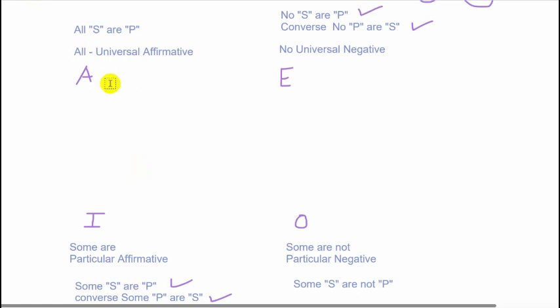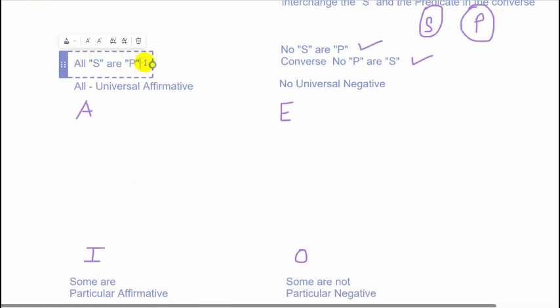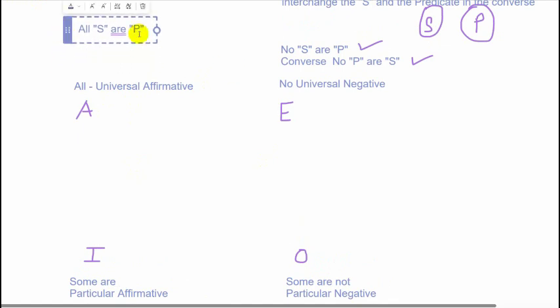If we have to do the converse of the A proposition, first of all we replace subject with predicate and predicate with subject. And before that, instead of all, we use some.